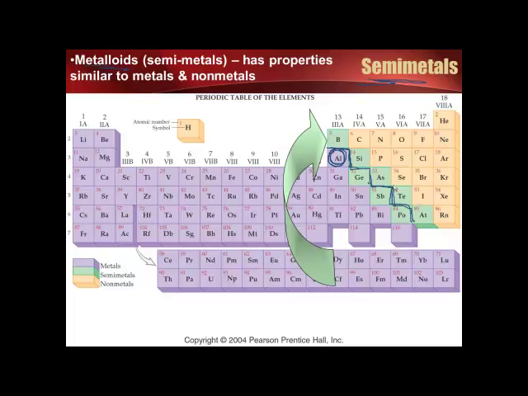Everything else that touches the flat part of the stair step is a semi-metal. And the one thing I tell you guys to help you remember is remember aluminum cans. Aluminum cans are shiny metal, or like aluminum foil. So aluminum is the one exception to touching the stair step. That one's considered a metal.